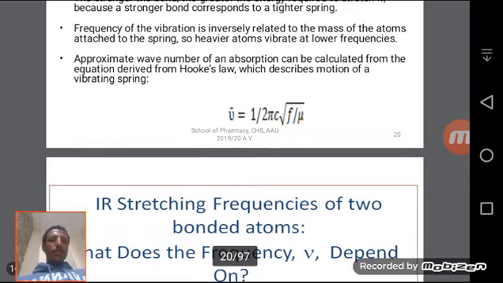As the mass of the interacting molecule increases, the frequency or wave number of the IR radiation decreases, and the wave number of the IR radiation is directly related to the force constant. This means that the stiffer the bond between the bonded atoms, the higher the wave number or frequency.